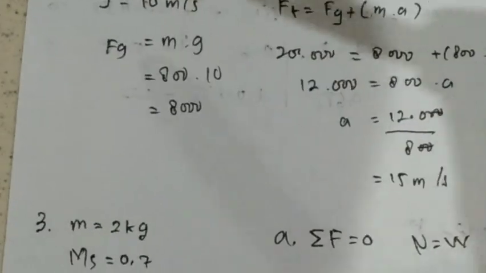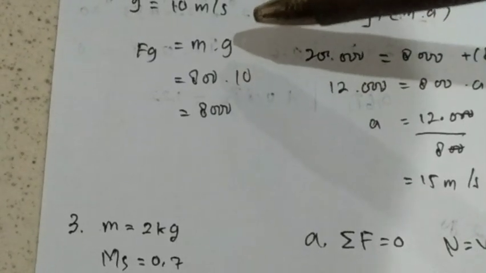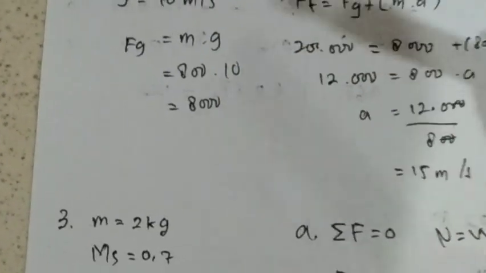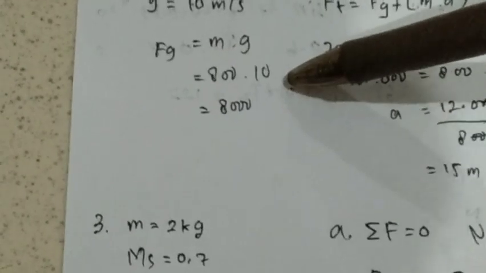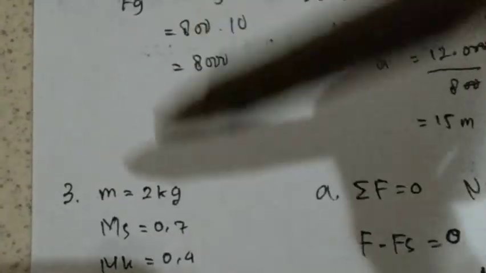Number 2, write down the mass, maximum tension, and gravity. And then Fg equals M times G equals 800 times 10 equals 8,000.